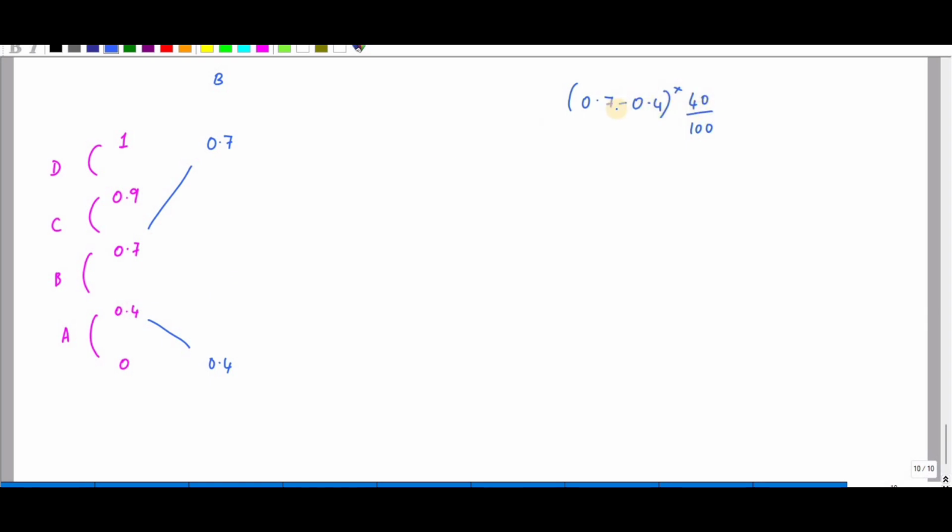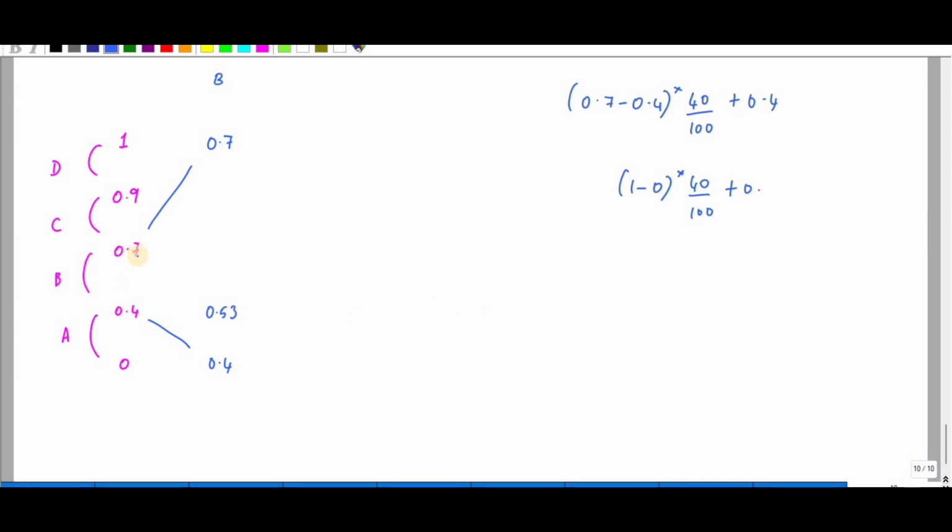So the in-between value is formed as 1 minus 0 into 40% plus 0. Likewise here, 0.7 minus 0.4 into 40% plus 0.4, and that value is 0.53.